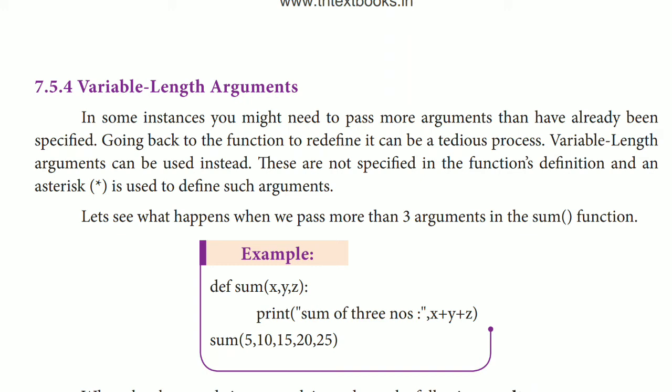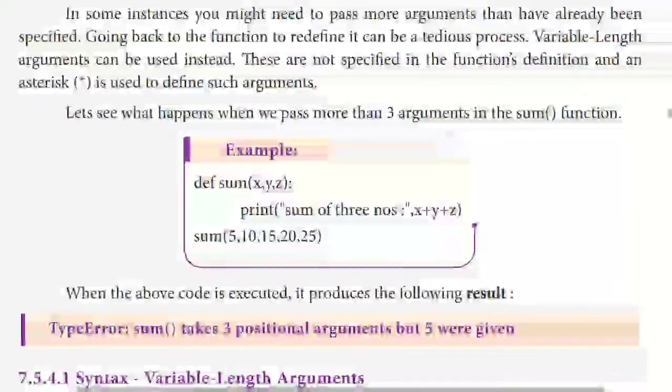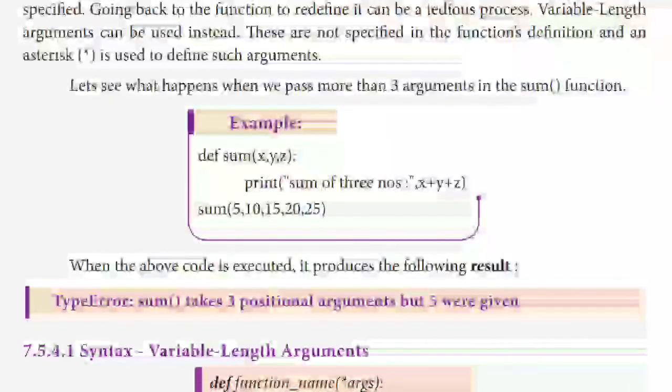Let us see what happens when we pass more than three values to a function. Here you can see that while defining the function, the def keyword is used. Sum is the function name, and only three arguments are given: x comma y comma z.